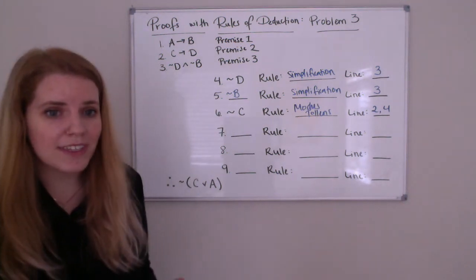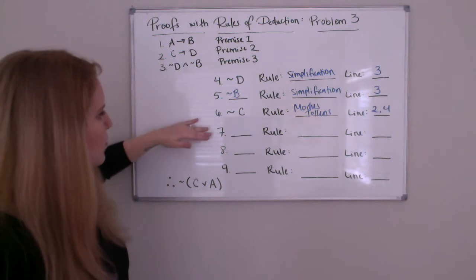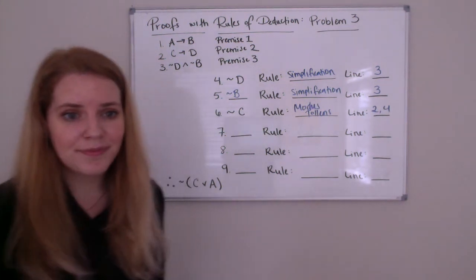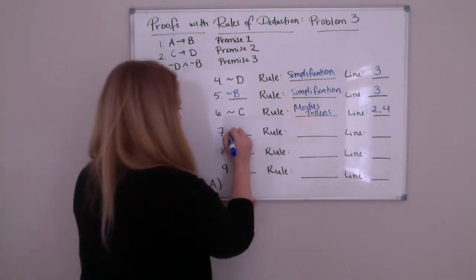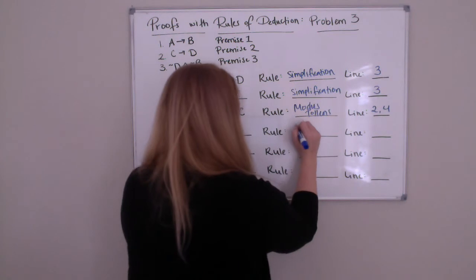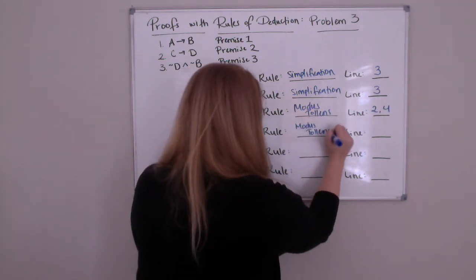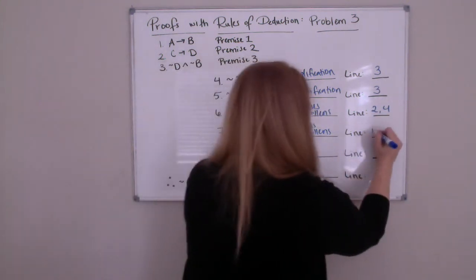Modus tollens allowed us to derive not C with the information in lines 2 and 4. So what should we fill in now for line 7? For line 7, our claim is going to be not A. We're also using modus tollens here, but we're citing different lines. We're citing lines 1 and 5.